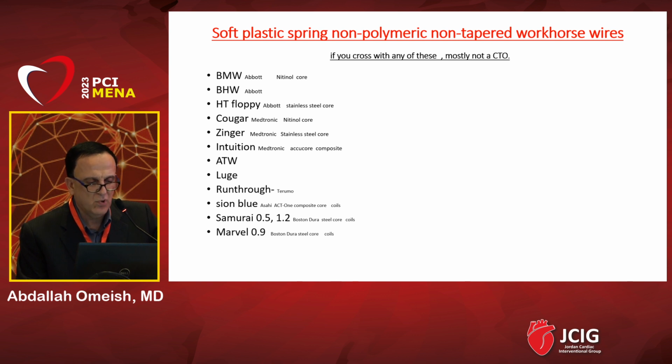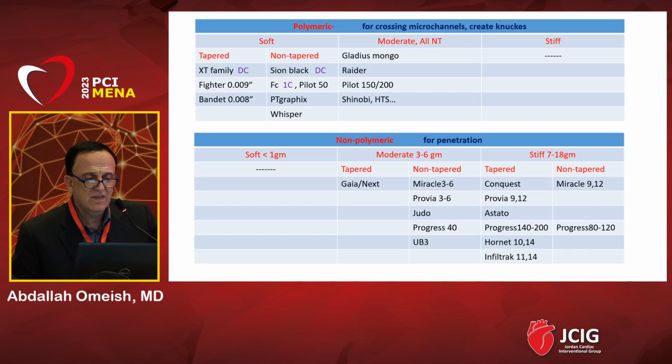Soft plastic spring, non-polymeric, non-tapered workhorse wires: if one crosses with any of these, like BMW wires, Cougar, Zinger, ATW, Samurai, then the lesion most probably is not a CTO.